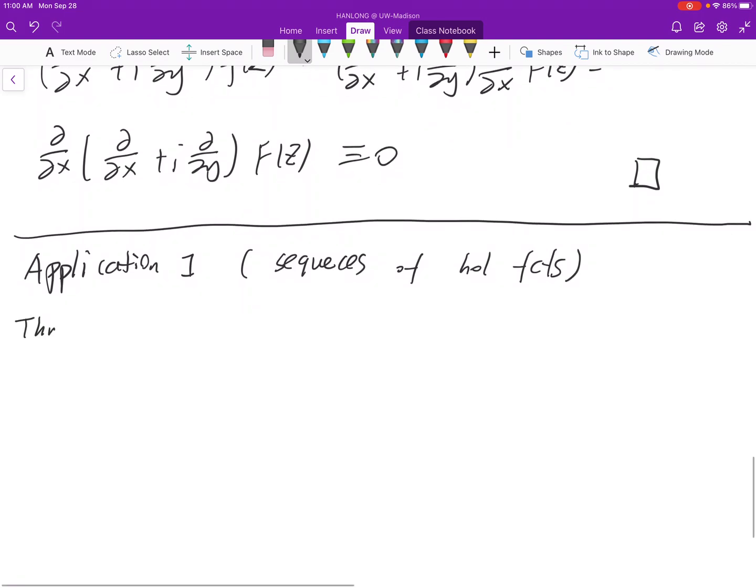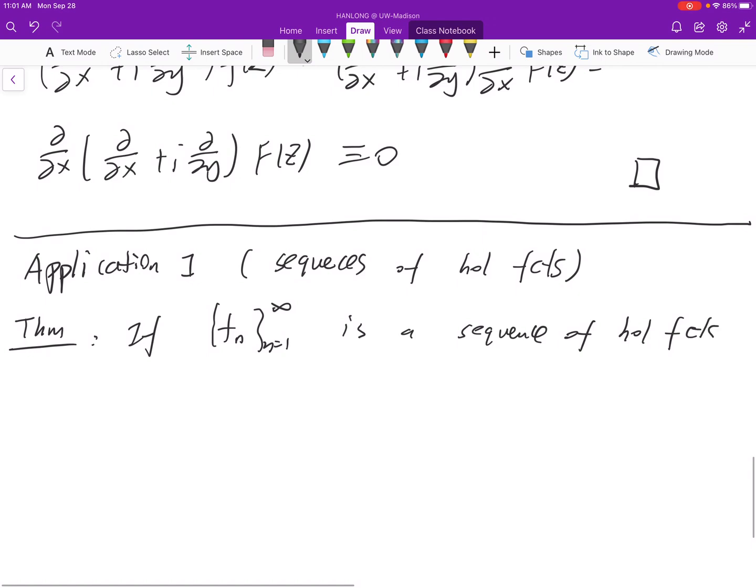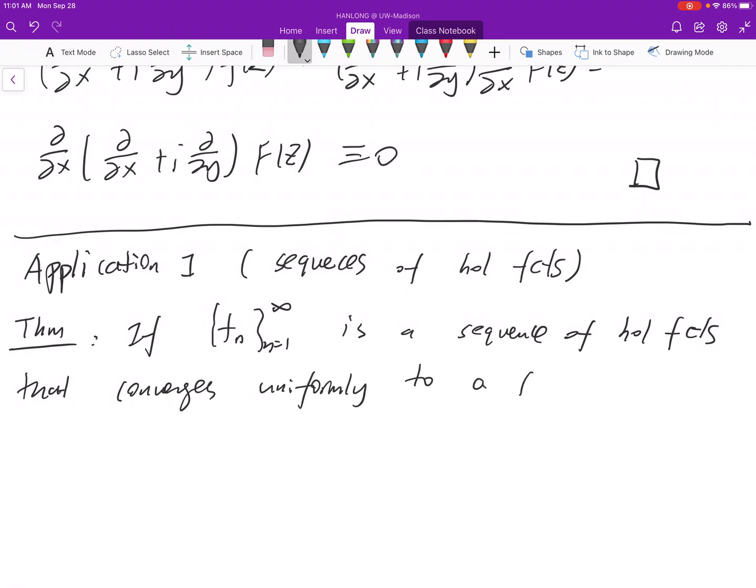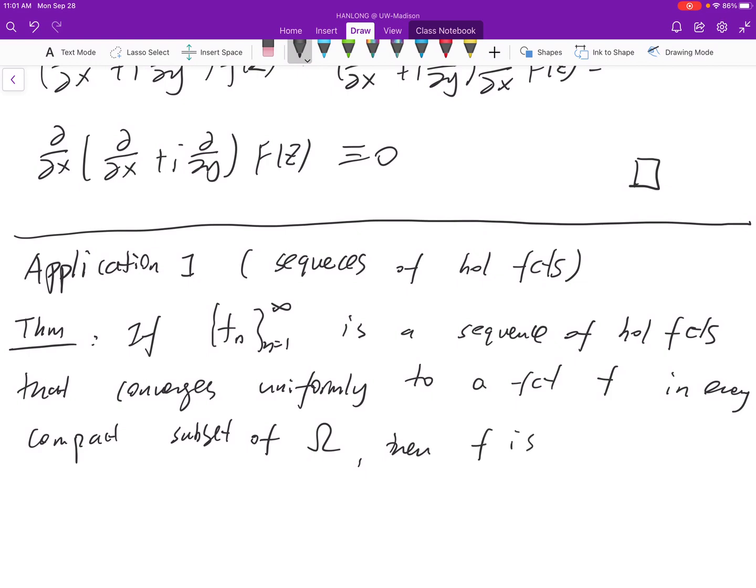Actually, we mentioned this theorem before. If Fn is a sequence of holomorphic functions that converges uniformly to a function f in every compact subset of omega, then f is holomorphic in omega.